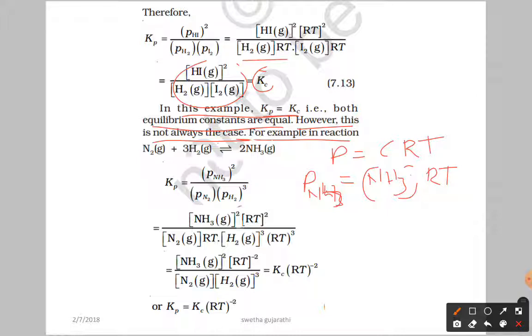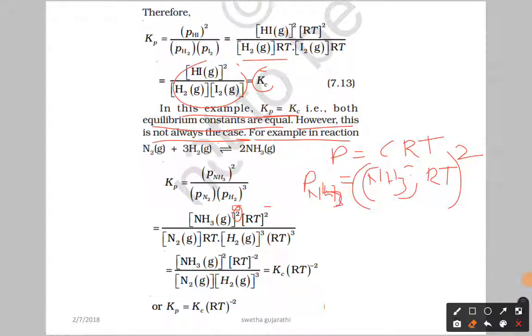Each concentration is raised to 2, so you have to raise the total term to 2. So if you substitute NH3 taken to 2 and RT square, because each concentration term is raised to 2. Likewise, you go for the partial pressure of nitrogen and the partial pressure of hydrogen. Now if you substitute here, you go for cancelling the RT values.